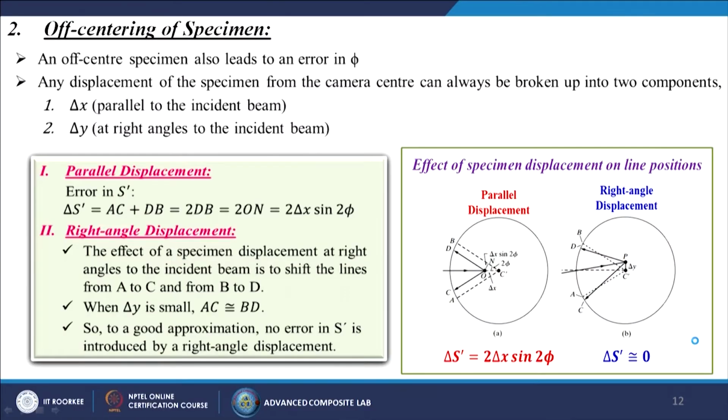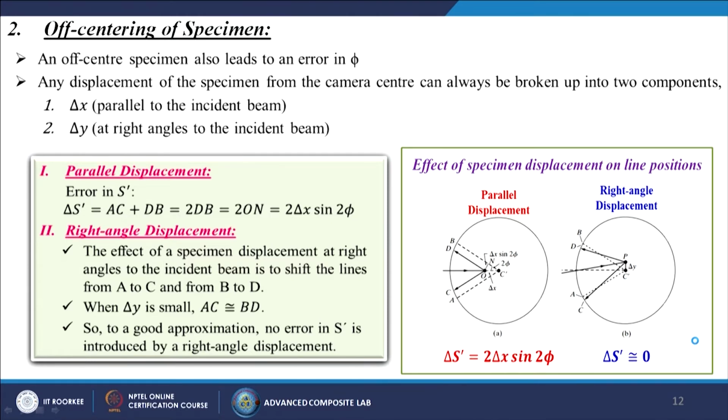Next we are going to discuss the off centering of the specimen. An off center specimen also leads to an error in phi, that means we have to keep the sample in a particular location. If the sample shifts, we can get an off centering error of that particular specimen. Any displacement of the specimen from the camera center can always be broken up into two components. One is del x parallel to the incident beam.